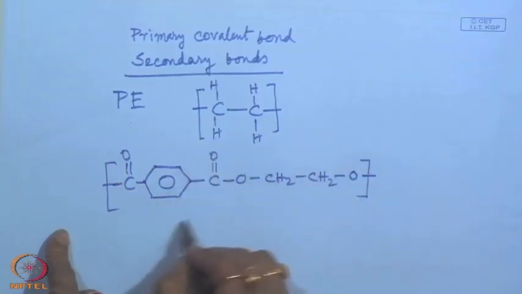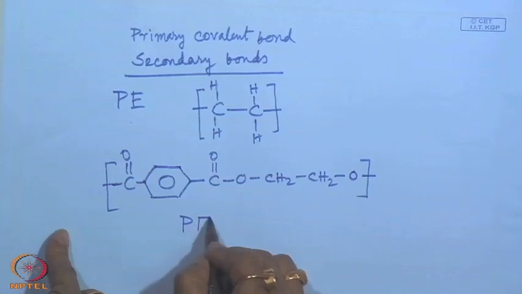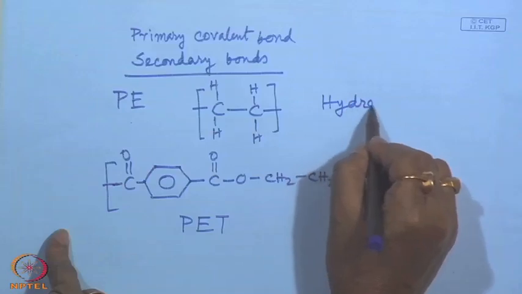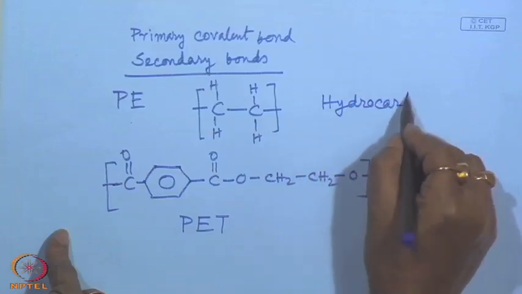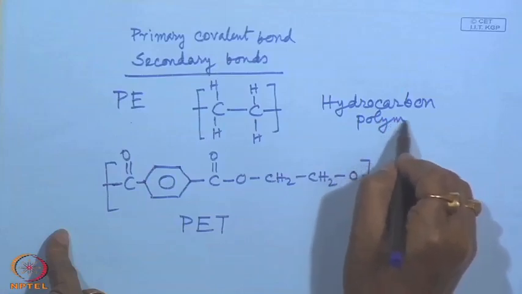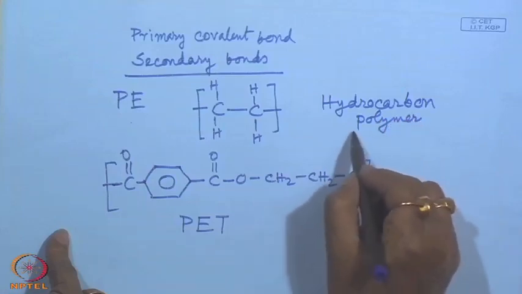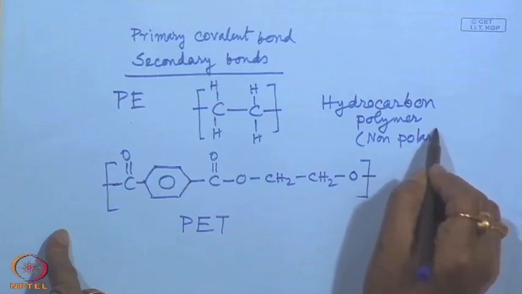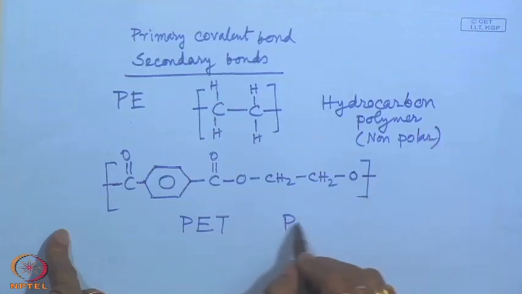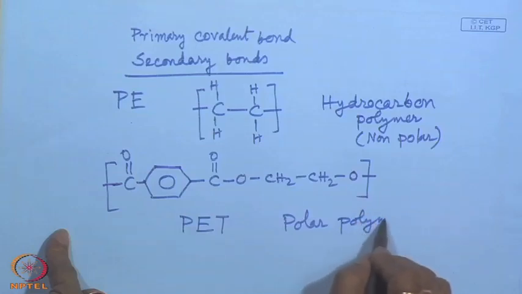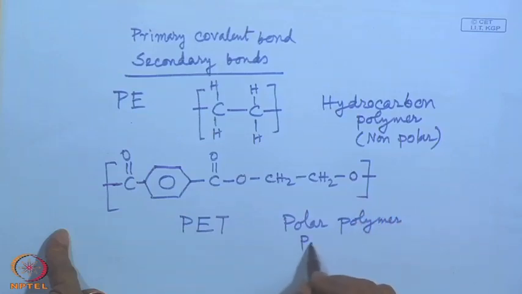This is polyethylene, this is polyethylene terephthalate, polyester. This is a hydrocarbon polymer, it is non-polar, this is a polar polymer, this is polyester.